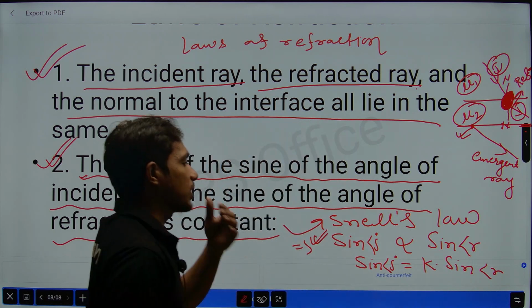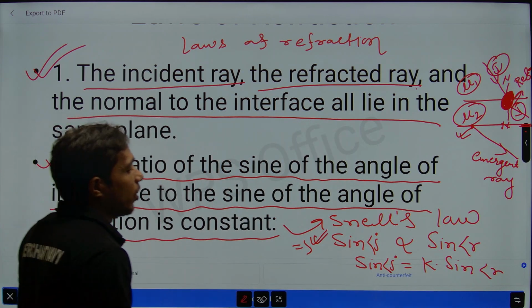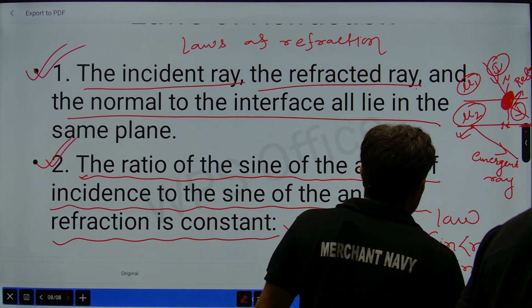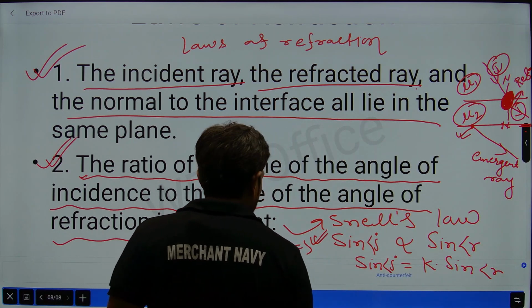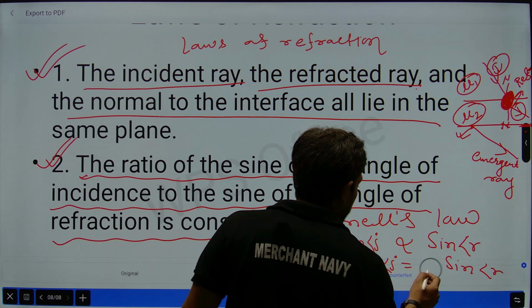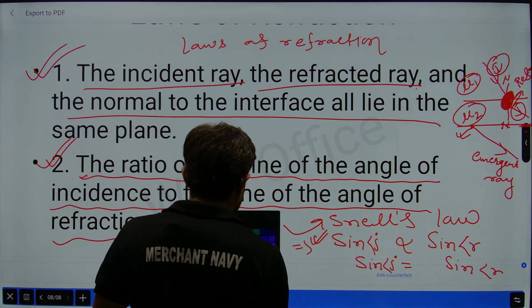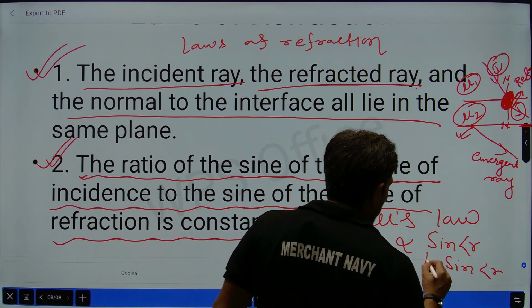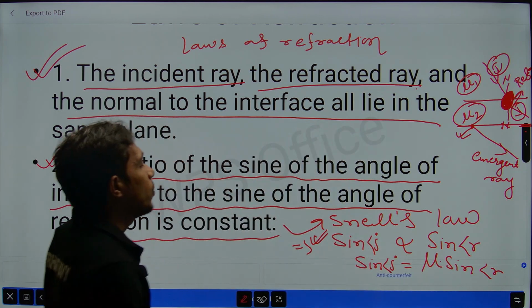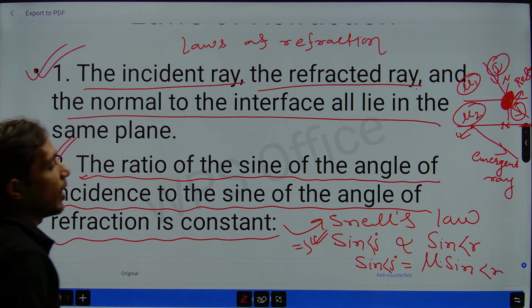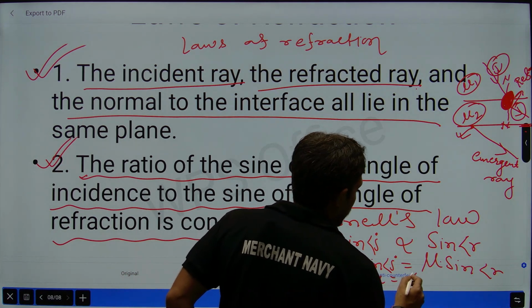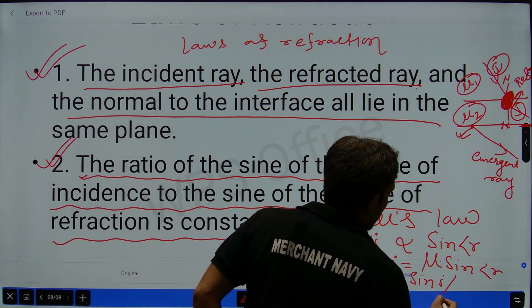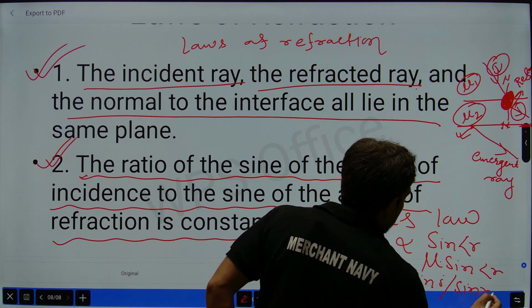On removing the sign of proportionality, sin i is equal to mu into sin r. So mu will be equal to sin i upon sin r.